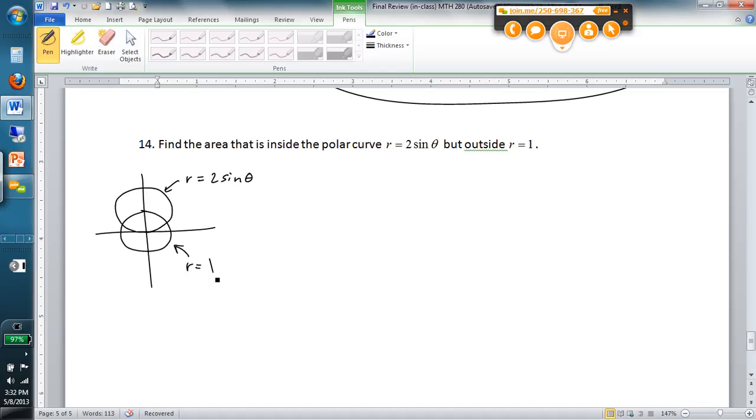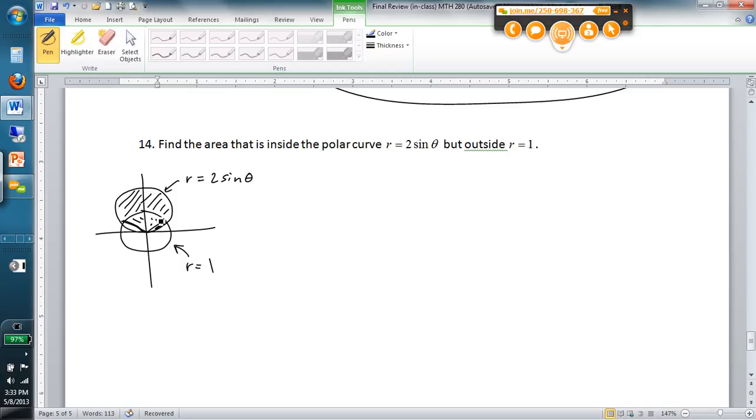So I want inside 2 sine theta, but outside r equals 1. I want that right there. How do I do that? Well, if I take the area inside 2 sine theta, from whatever this is to whatever this is, then subtract the area right here.